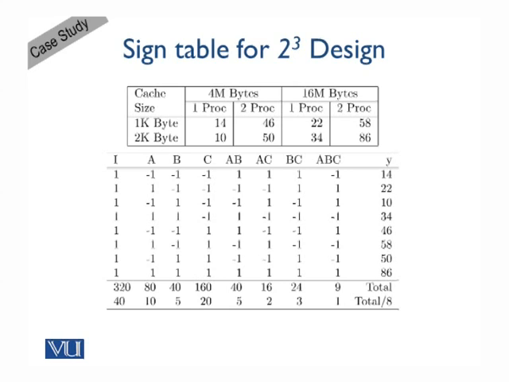So what is significant then? We see that most significant factor is the factor C, and then you have factor A. So you can actually use the method of allocation of variation to see which one is the most important factor.